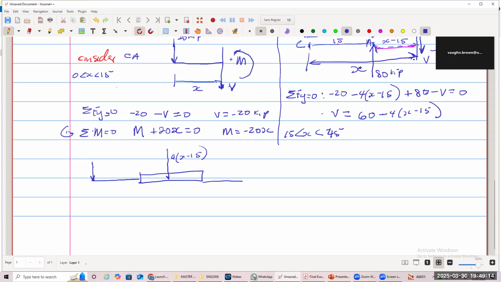That's now changed. Somewhere along here, you're going to cut it. So this section was C. This was A. You had a reaction here, 80. You have another one here that is 80. You cut it somewhere across here, so you have a shear coming down, V, and a moment coming up, which is M. All right.